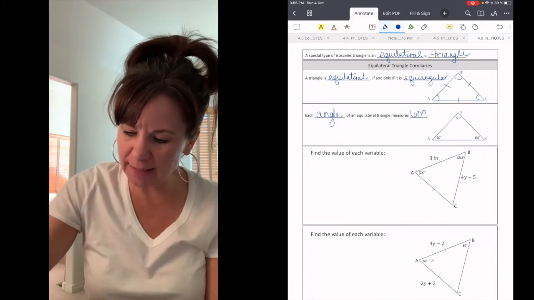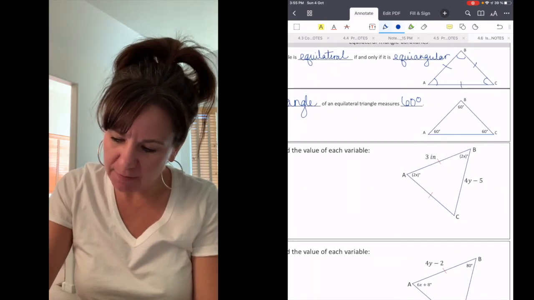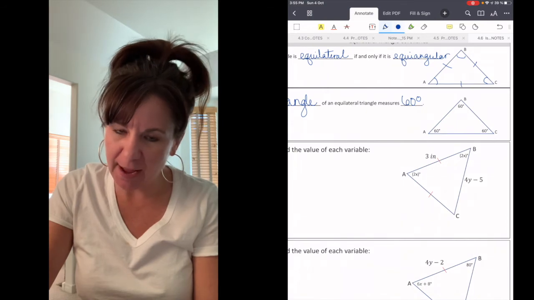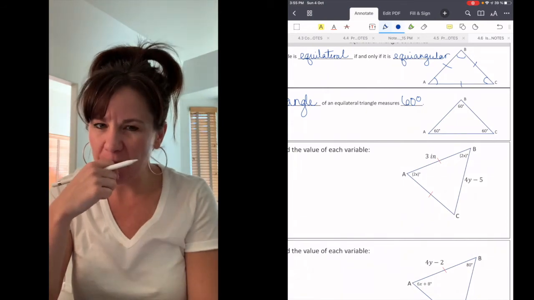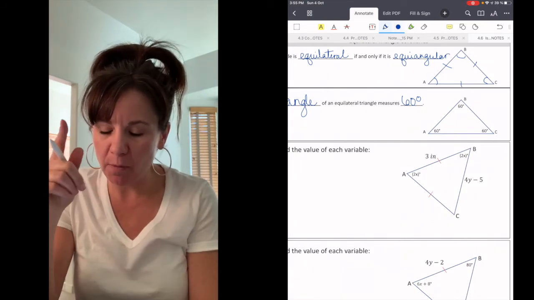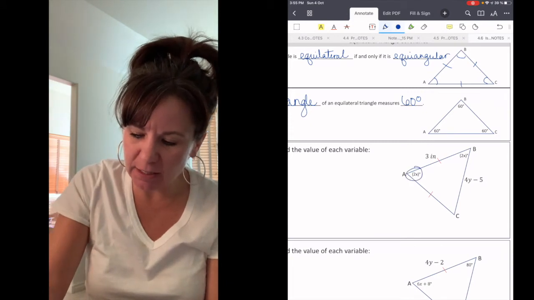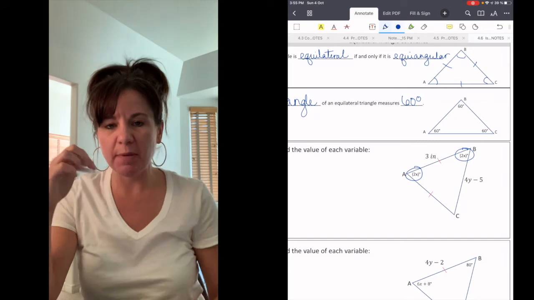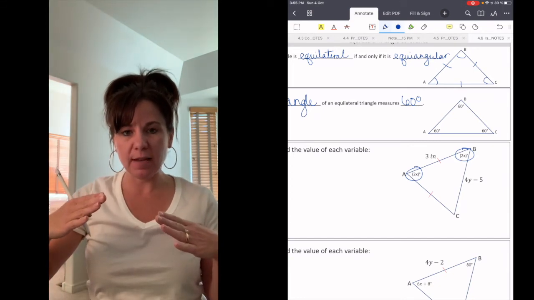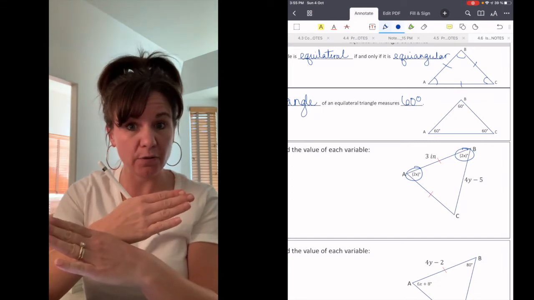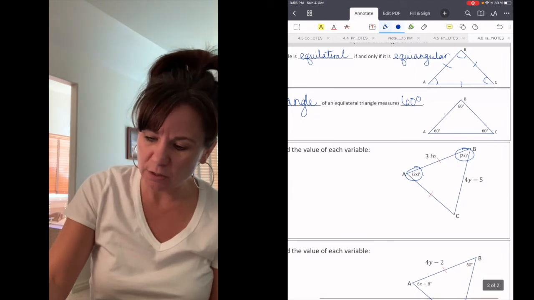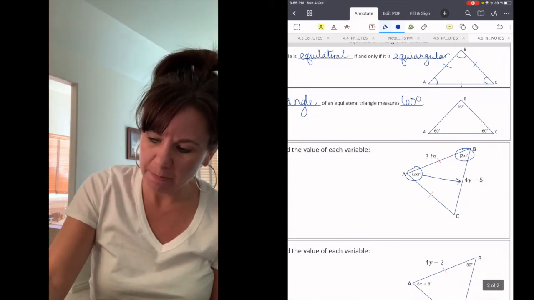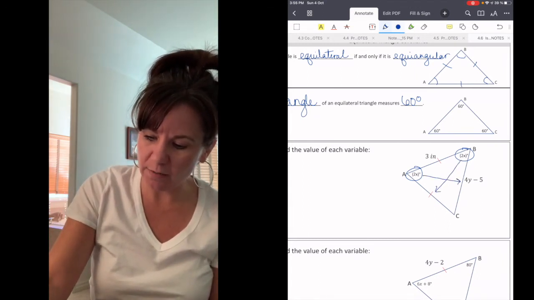So we have a 2x, and we've got this 4y minus 5. Right now we don't have anything that we can use. But what we do have is these two x's, those two angles are the same, which means that the segments across from those two angles are also the same. So this one and this one are the same.